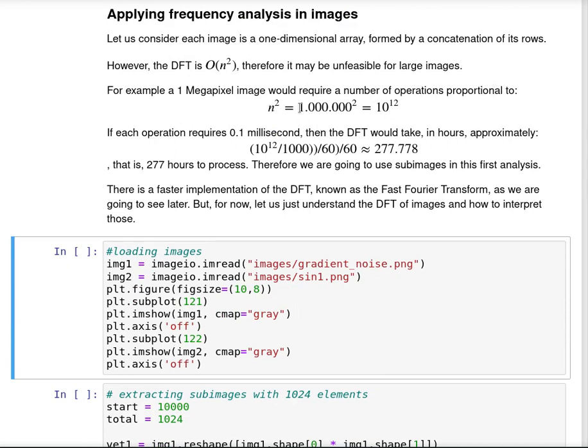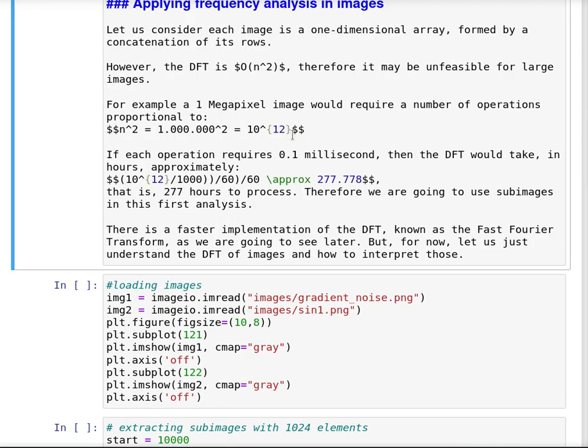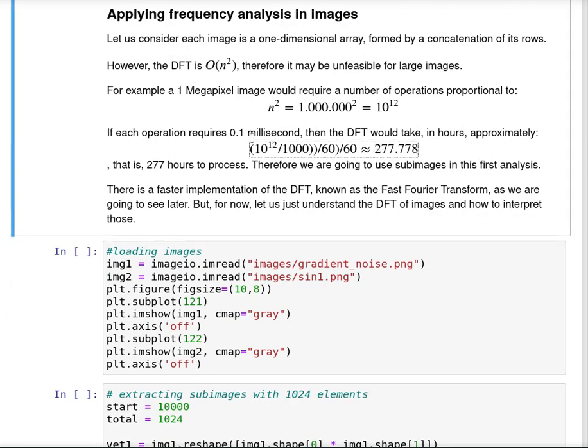That means 1 megapixel is around 1 million pixels, squared, which is 10 to the power of 12. If each operation requires 0.1 milliseconds, then the DFT would take hours. I just did a calculation here: it would take around 200 hours to process a 1 megapixel image.